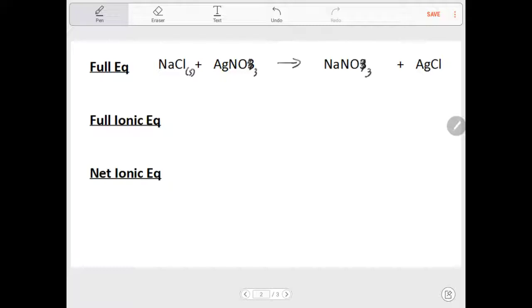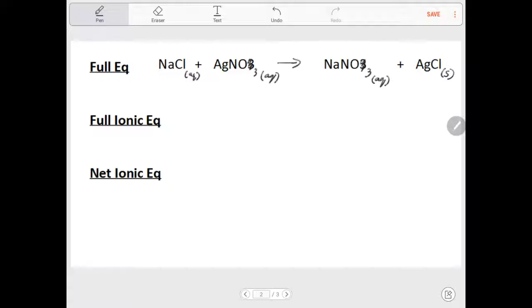We've got sodium chloride, which is aqueous, and silver nitrate, which is aqueous. Now we know all nitrates are aqueous, so this sodium nitrate will be aqueous, but the silver chloride, if we look up our table of solubility, and you should check this, silver chloride is a solid.